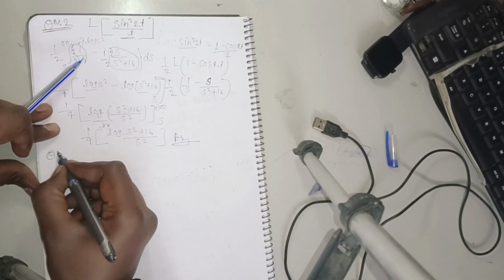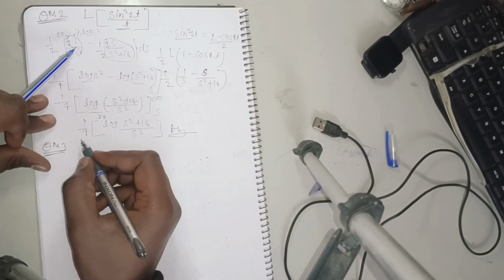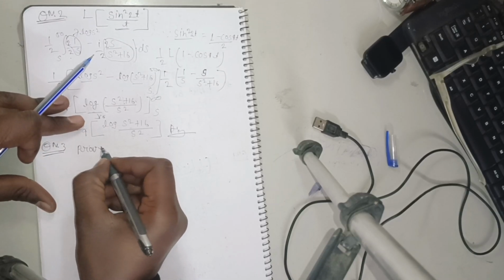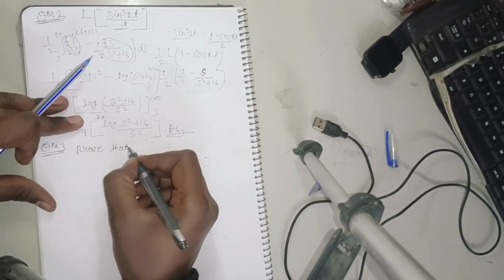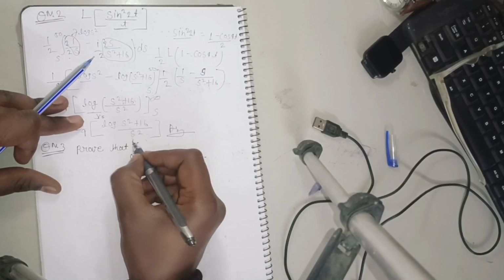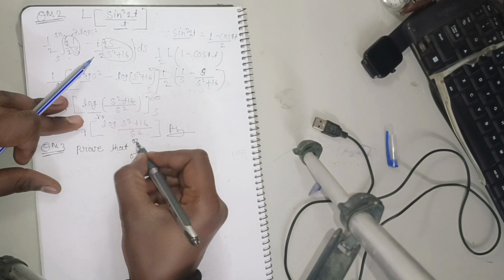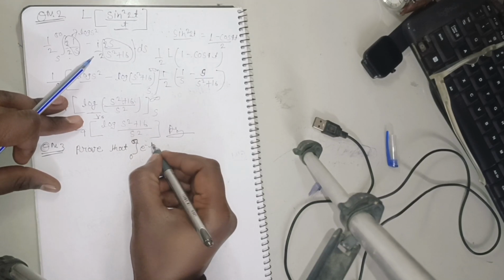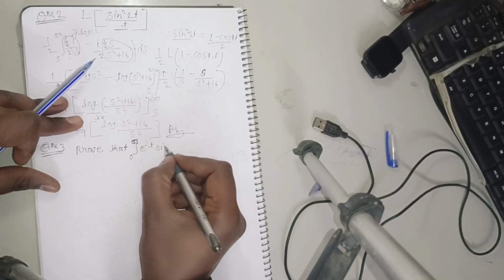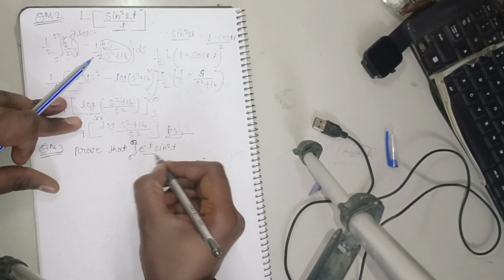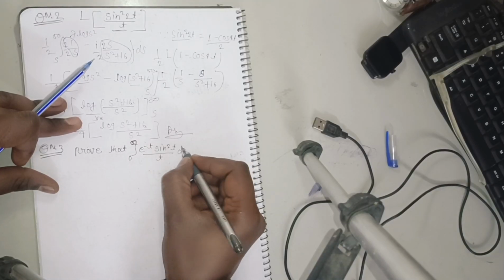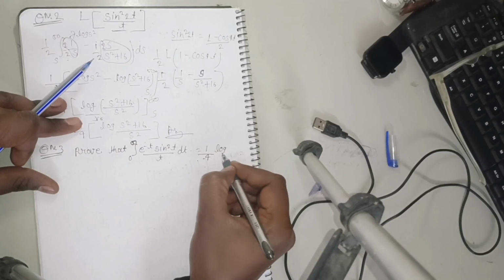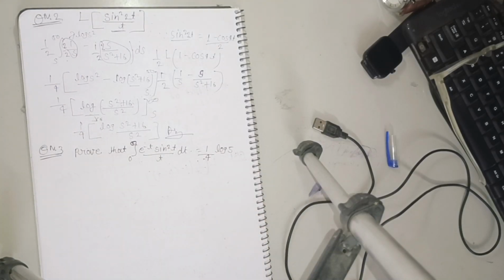Now let's take another question, that is question number 3. It is: prove that integral from 0 to infinity of e to the power minus t sin square t upon t dt is equal to 1 upon 4 log of 5.